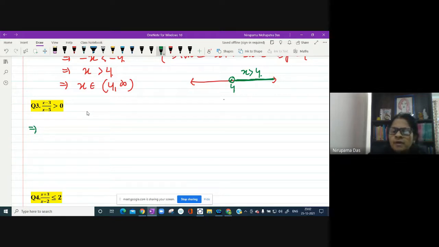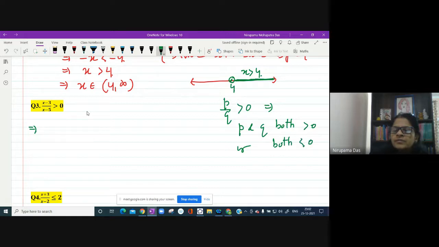So whenever you have p by q greater than 0, it implies p and q both greater than 0 or both less than 0. Okay, both positive or both negative. So here we can try in that way.